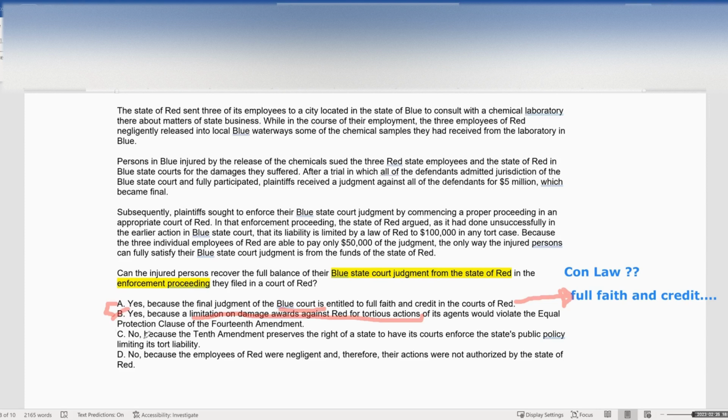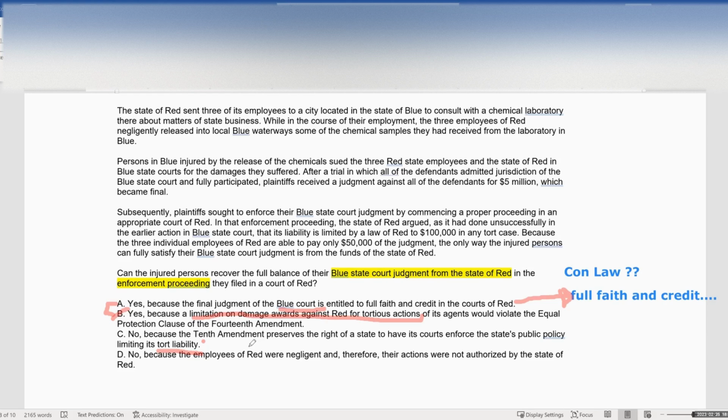Then C, no, because the 10th Amendment preserves the right of a state to have its courts enforce the state's public policy limiting its torts liability. It sounds a little bit similar to answer choice B, but it has a bit of a twist to what it's saying, which is that the 10th Amendment preserves the right of a state to have its courts enforce the state's policy limiting its tort liability.